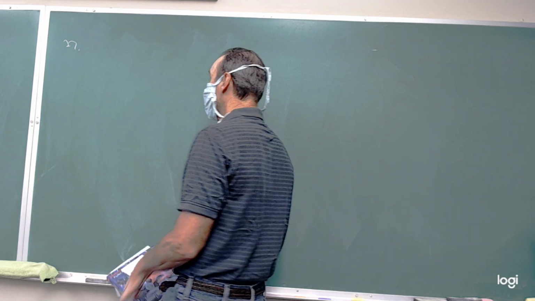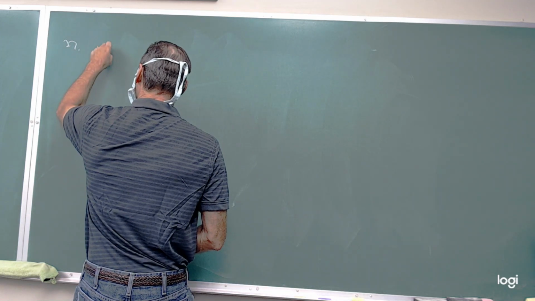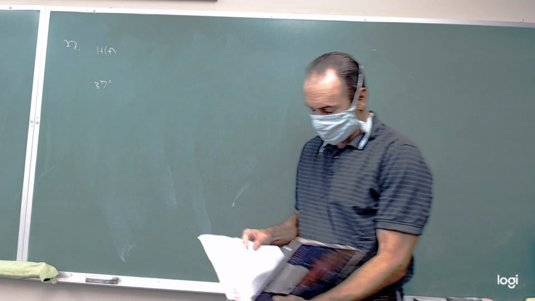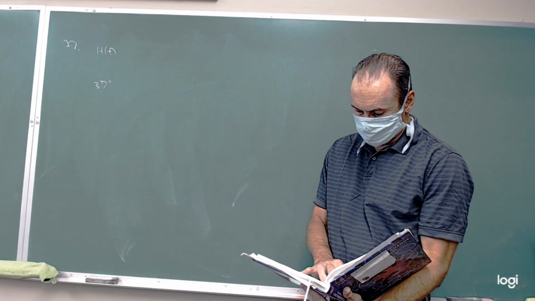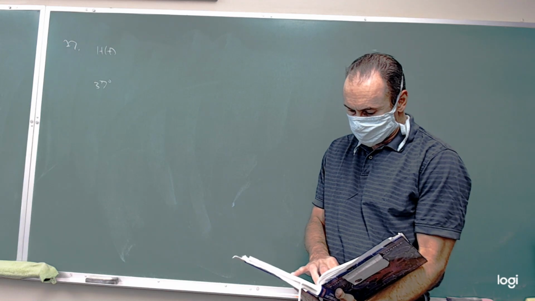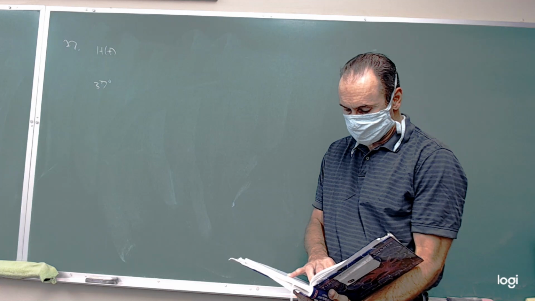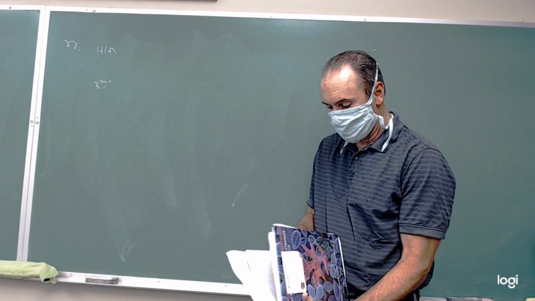So H of T is going to be our temperature. 37 degrees is normal, I guess, in degrees Celsius. So we want a formula for the fever where F of T is degrees greater than normal.